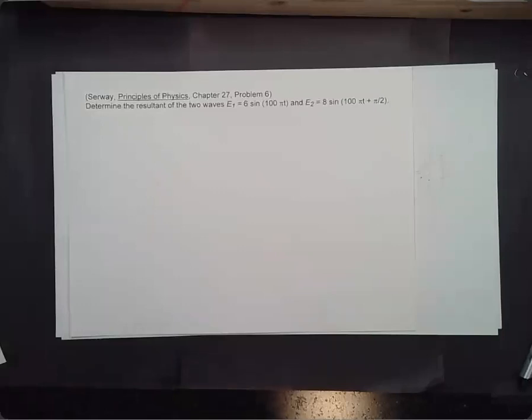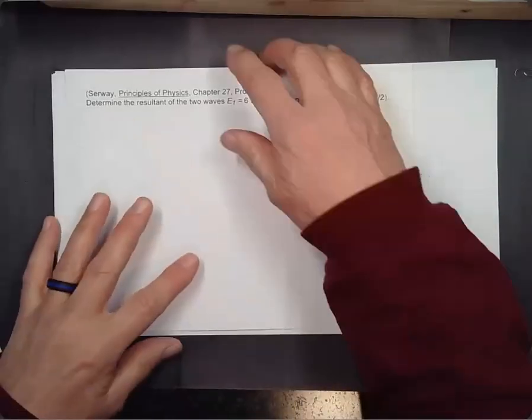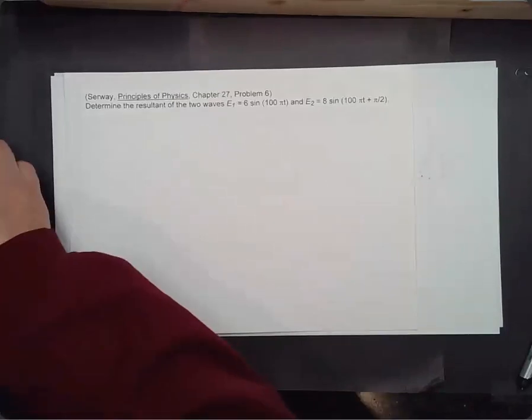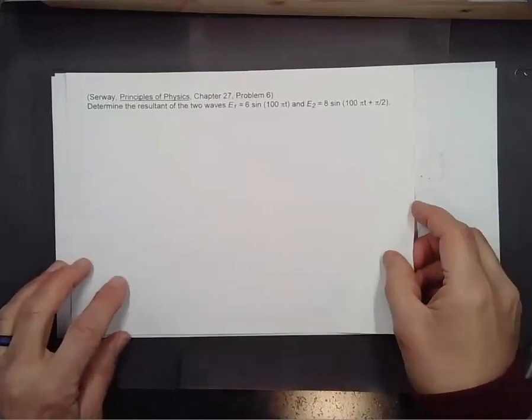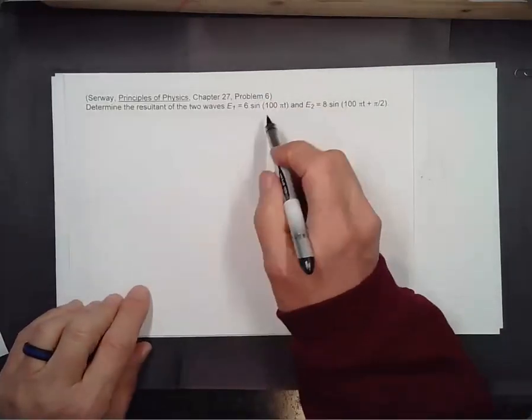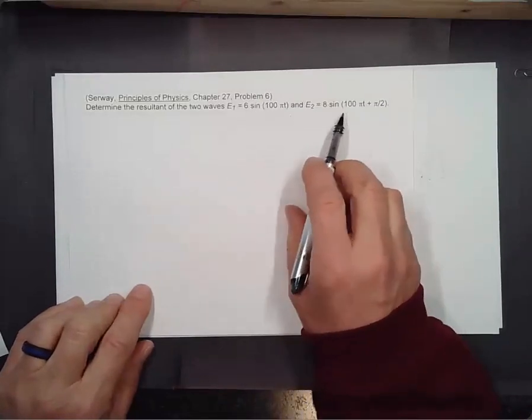Okay, this is a different sort of problem, and I'm going to show you a technique for drawing these things and for figuring out the resultant of these waves that's going to be useful for figuring out the intensity of the pattern as a function of what the phase difference happens to be. And that phase difference arises because of a path length difference because of going in different directions. So let's figure out how to add these two things together.